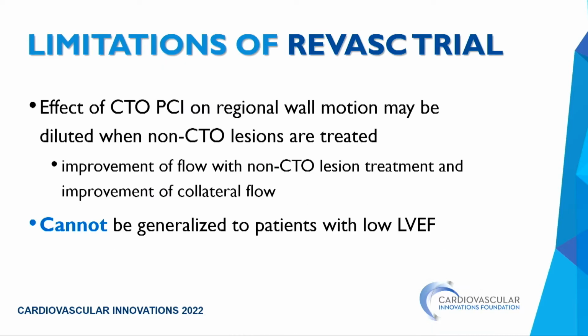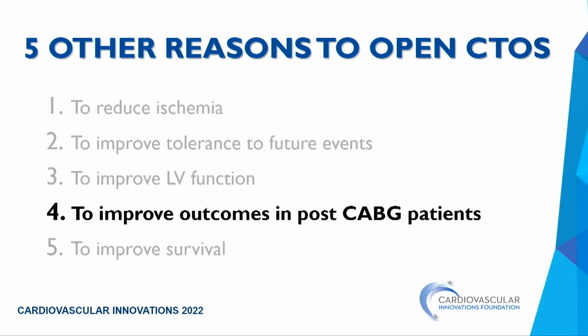So what it says, well, it's the limitation of that study, is that the effect of CTO-PCI on regional motion is likely diluted when you're doing non-CTO patients because you improve the flow through collateral, and it cannot be generalized to patients with low EF. So what we know with low EF remains what we've derived from observational studies.